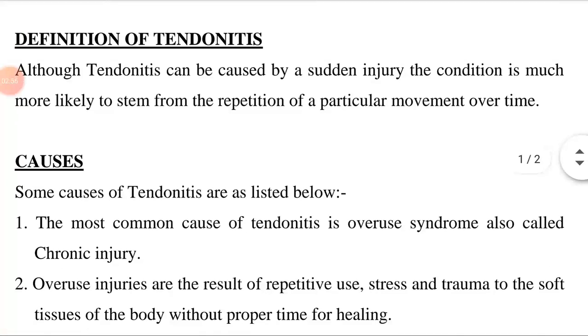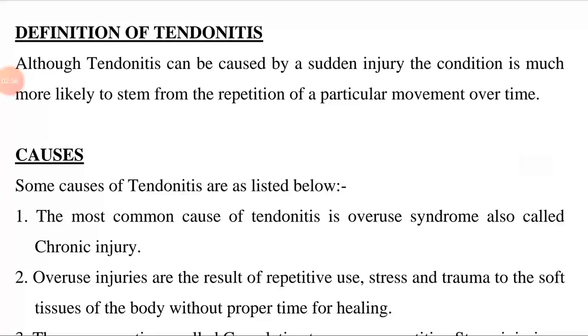Definition of tendinitis. A definition is a statement of the exact meaning of a word. Tendinitis means inflammation of a tendon, most commonly from overuse but also from infections or rheumatic disease.